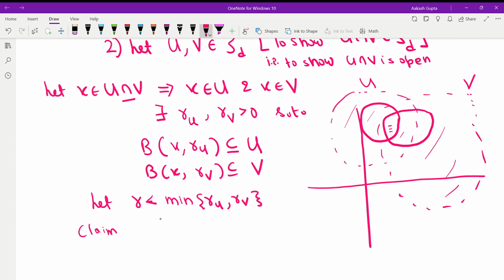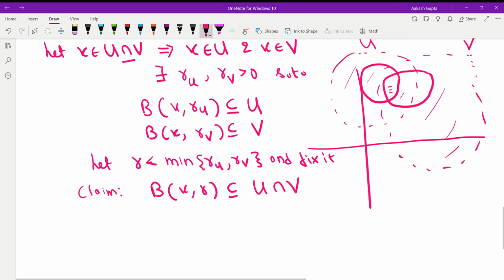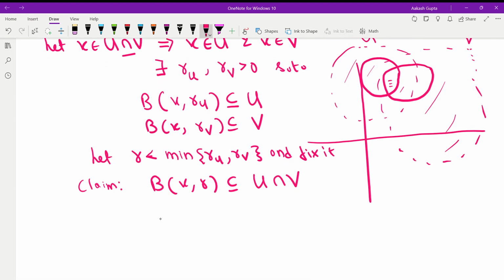Why? Because see what will happen. The claim is that the ball centered at x with radius r is contained in U intersection V, where r is less than the minimum of these two and fixed. So this ball will be sitting inside U intersection V. Let us see why.